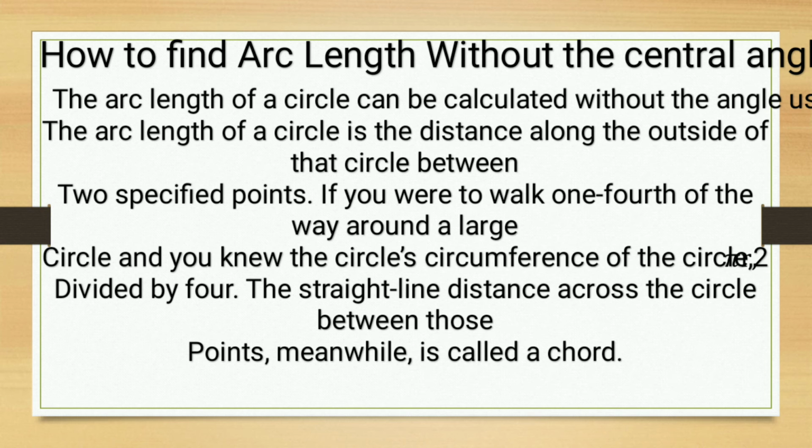If you were to walk 1/4 of the way around a large circle, and you know the circumference of the circle, divide it by 4. The straight line distance across the circle between the points is called the chord.